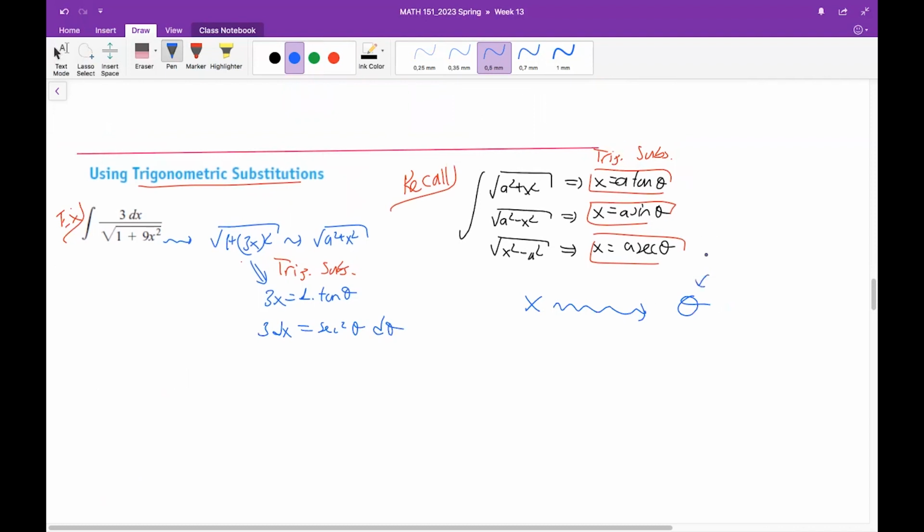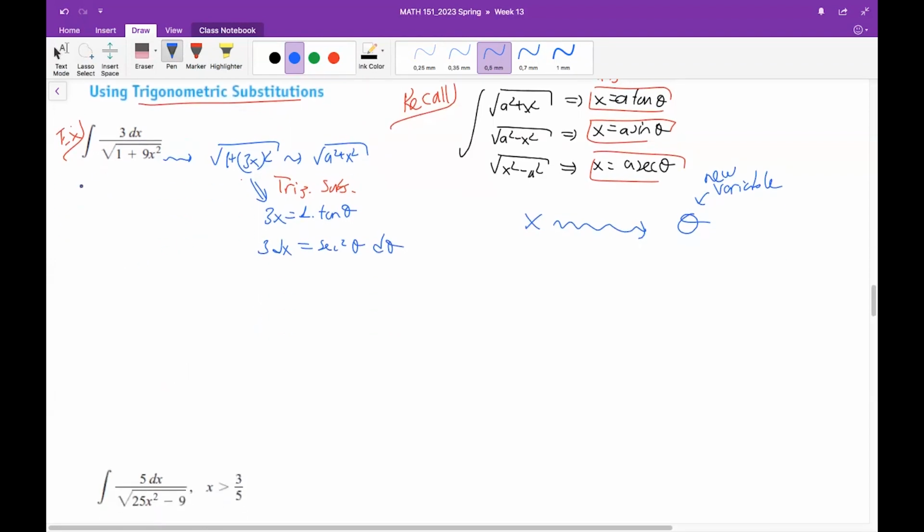After applying the trigonometric substitution, your new variable will not be x anymore, it will be theta, okay? That's why we call them trigonometric substitutions. So, rewriting the integral: instead of 3dx, I will directly write secant squared theta d theta.